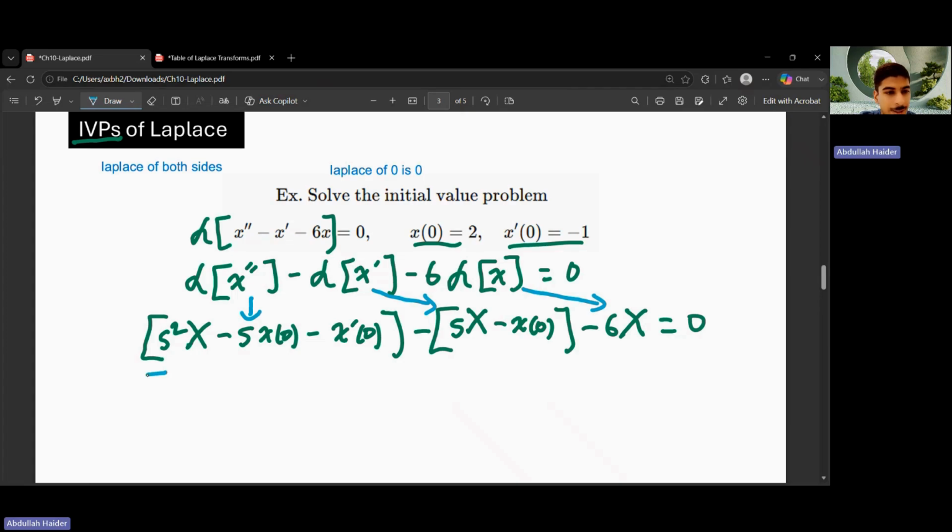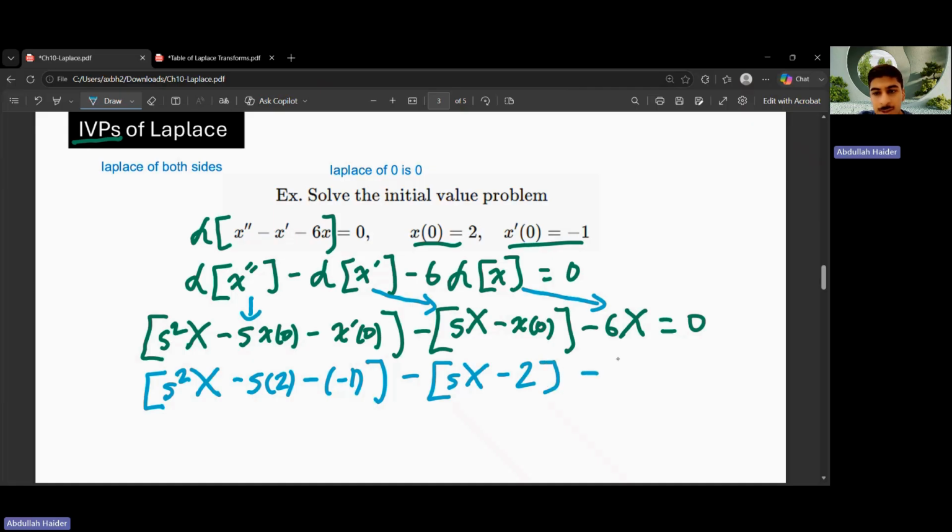In this case, we will have s squared X. This X has nothing to do with our initial conditions, minus s. Now what is our x of 0? 2, minus x prime of 0, which is 1. Close this bracket, minus s big X minus now x of 0 again, 2, minus 6X is equal to 0.